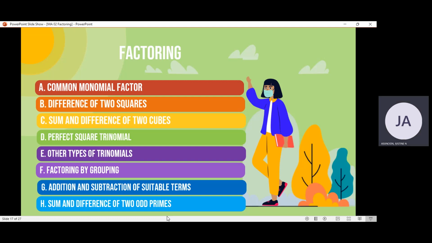Okay, so I have here eight forms that we might consider when it comes to factoring polynomials. Let's start first with the common monomial factor. When it comes to the common monomial factor, we need to recall the concept of the greatest common factor, the GCF.